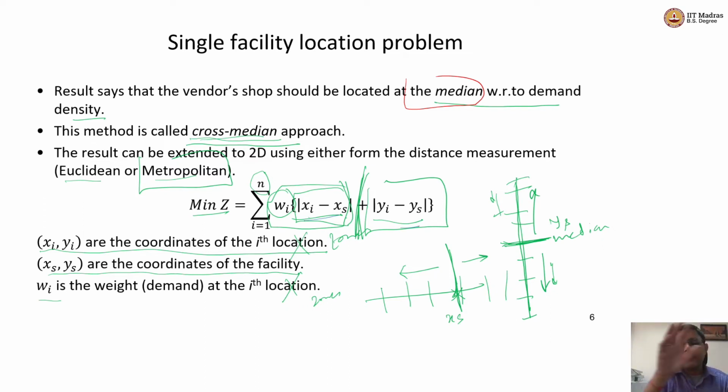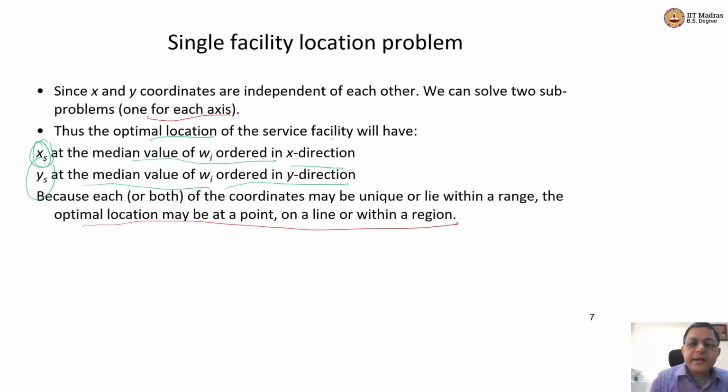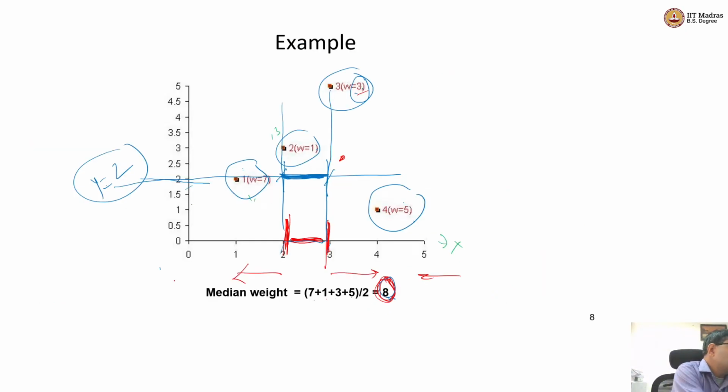I have still solved a single facility location problem for a metropolitan distance measure, and here I did not get a single location, I actually got multiple options. Anywhere on this line, I can locate my single facility. Hope this is clear to you. Hope there are no questions here. But this is how you solve a single facility location problem on a metropolitan distance measure.